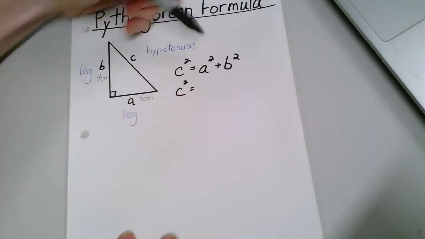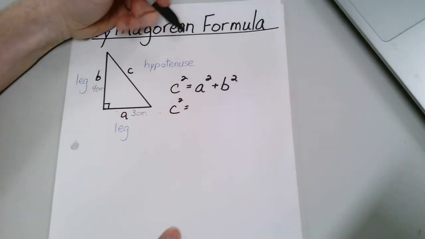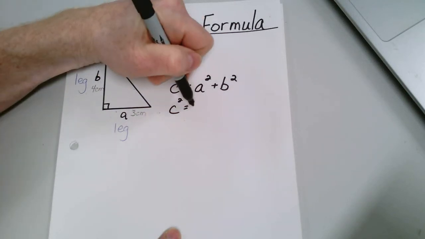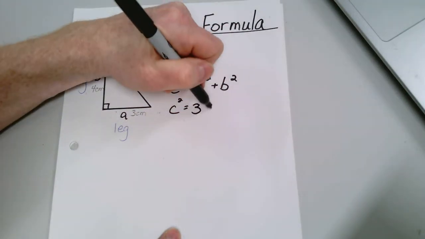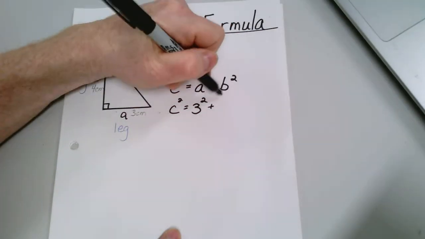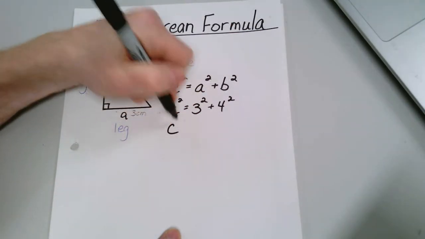And of course, you start by writing the formula. You do that for any question involving a formula. Now, A, we said, is 3, so we put a 3 where the A is, and it's squared. Plus, for B, we said it's 4, so we put a 4 where the B is, and it's squared.